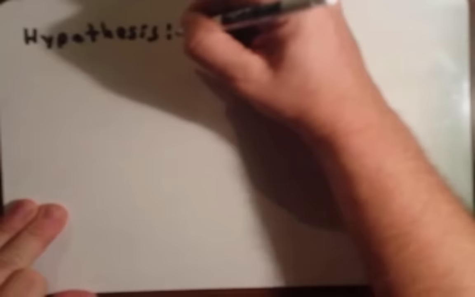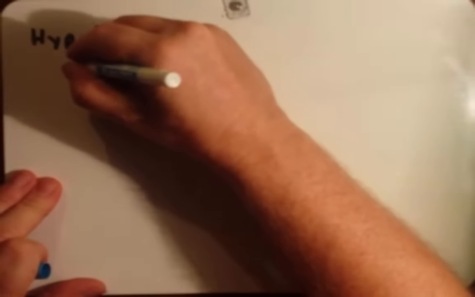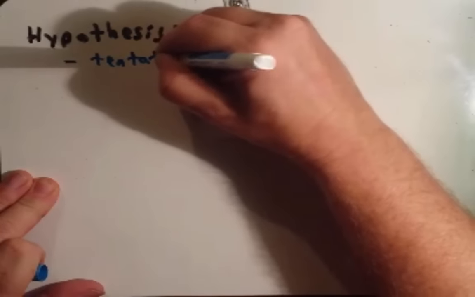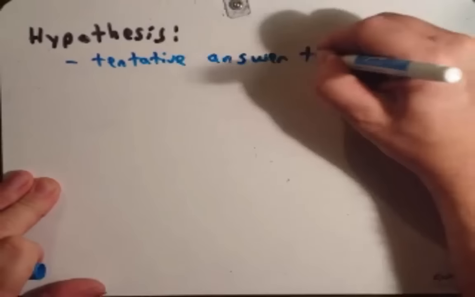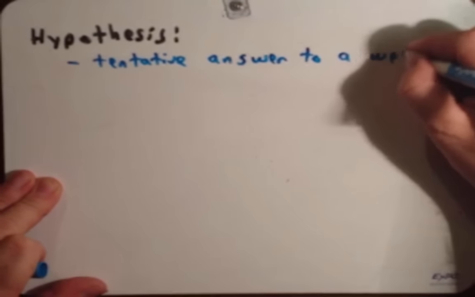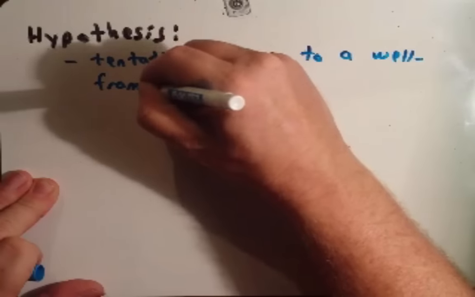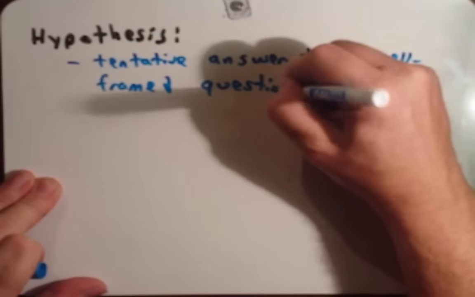Next, I want to talk about this term called hypothesis. What is a hypothesis? Your book gives a definition that I like quite a bit, and that is a tentative answer to a well-framed question.